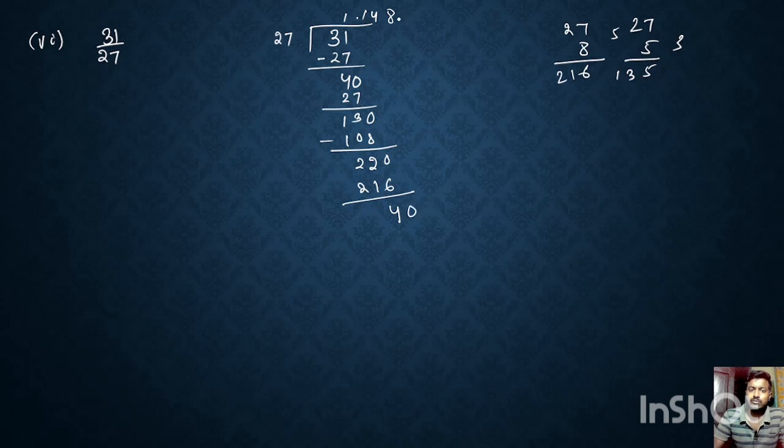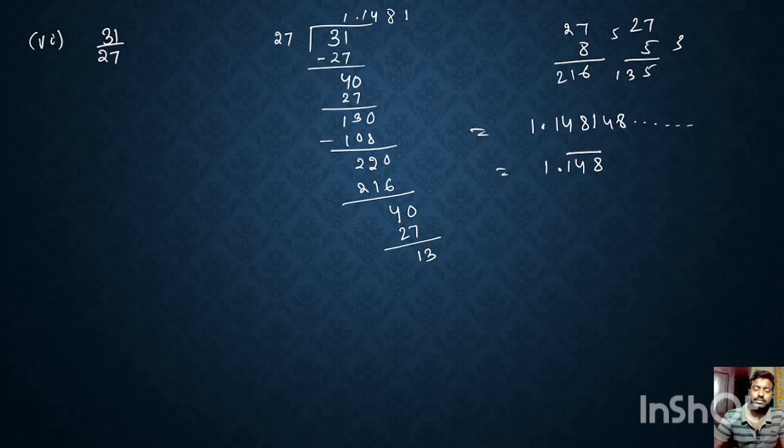Okay, so 27 1, that means 148 will be repeated. So we can write the answer is equal to 1.148148 dot, or you can write 1.148 bar, because 148 will be repeated.